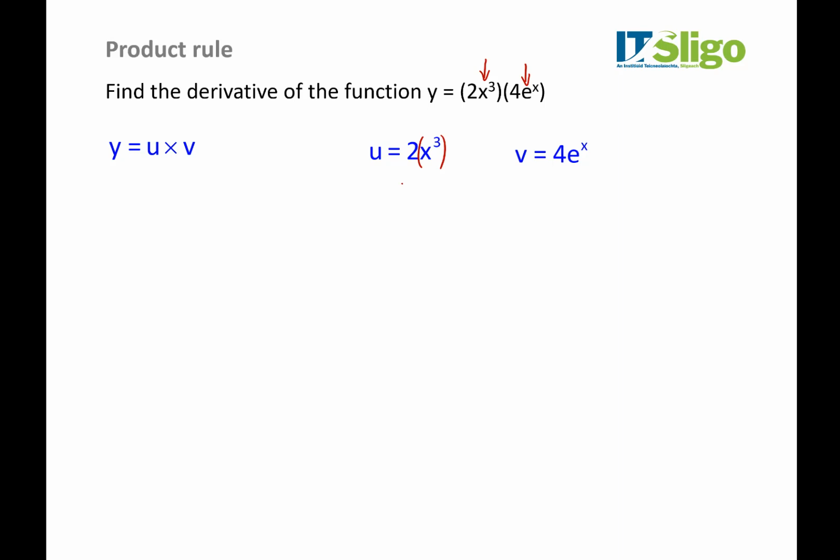So when we differentiate this, the 2 stays, the power drops down, we reduce the power by 1, so that'll give us 6x squared. And here, when we differentiate 4 by e to the power of x, again the constant stays. And when we differentiate e to the power of x, it stays the same. So it actually looks the same. And that's the property of the e to the power of x function.